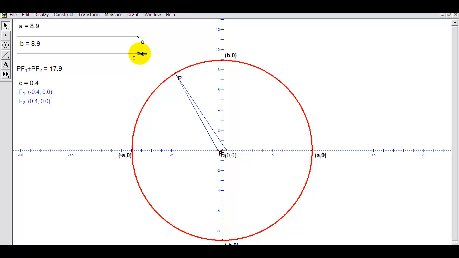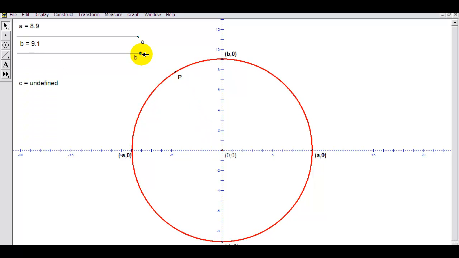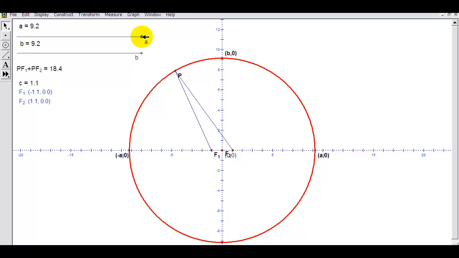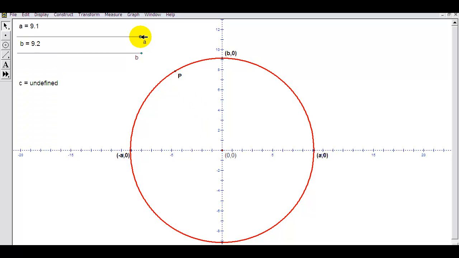And in fact, when they are exactly the same, and it's very hard to get that exactly right on, when they're exactly the same though, we get a circle. And that circle is going to have a radius that is equal to a and b, because a and b will be equal to each other.